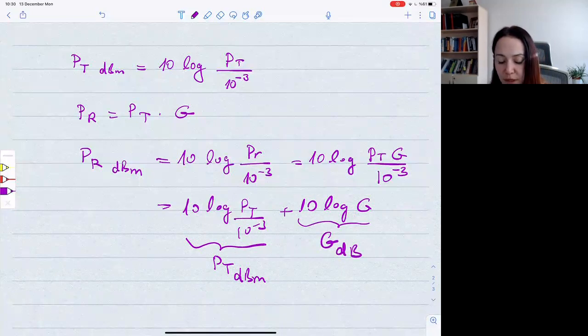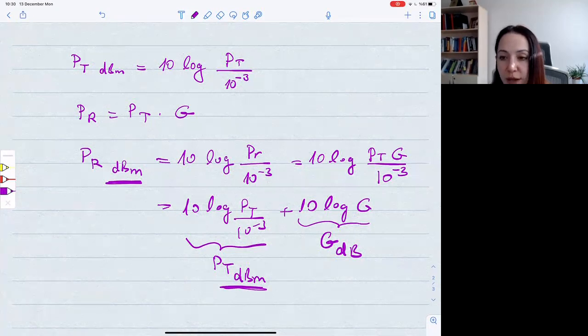Okay, so the idea is when you have dBm on both sides of the equation, you are essentially subtracting 10 log 10 to the 3 from both sides of the equation. It has no effect.